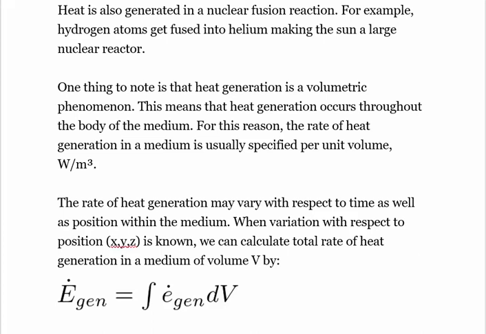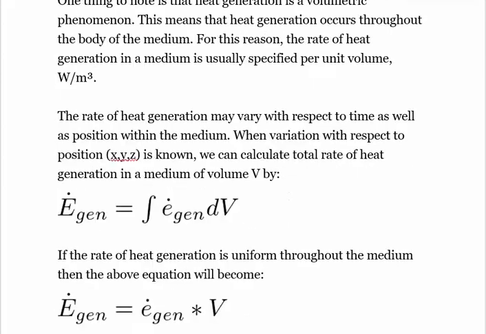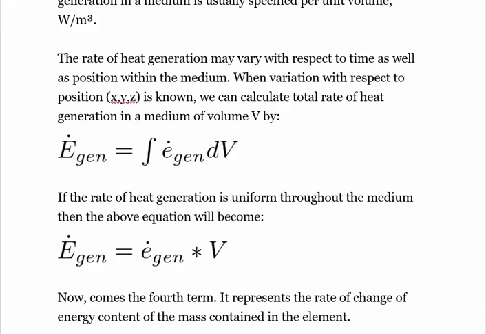This shows that the total heat generation may differ depending upon the variation of the volume. If the rate of heat generation is uniform throughout the medium, then the energy generated is equal to the rate of energy generation times the volume.